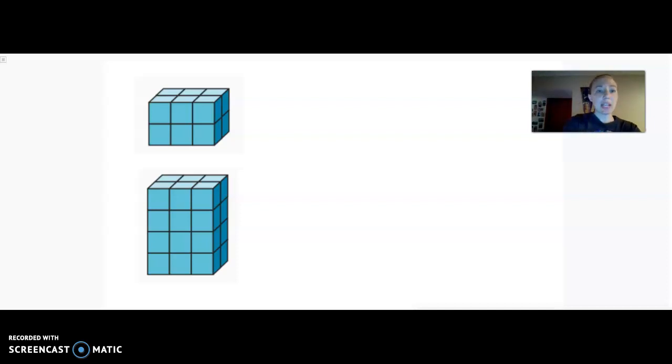So you might be saying, I can't see this bottom layer. Well, the good news is on rectangular prisms, all the layers are the same. So even if you can't see the bottom one, just look at the top one. So I can say, okay, this top layer has 1, 2, 3, 4, 5, 6 in that layer. There's 2 layers, so 6 and 6.